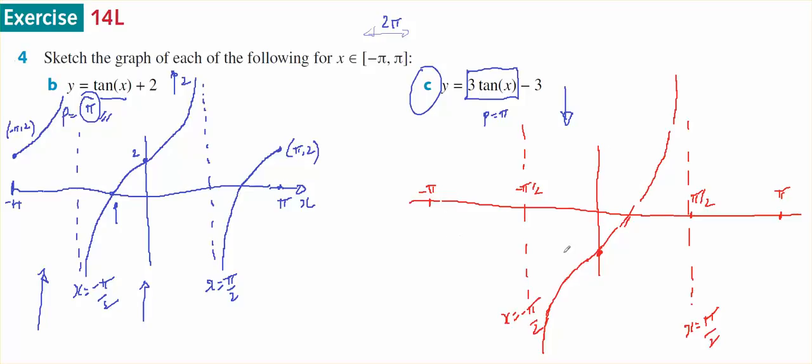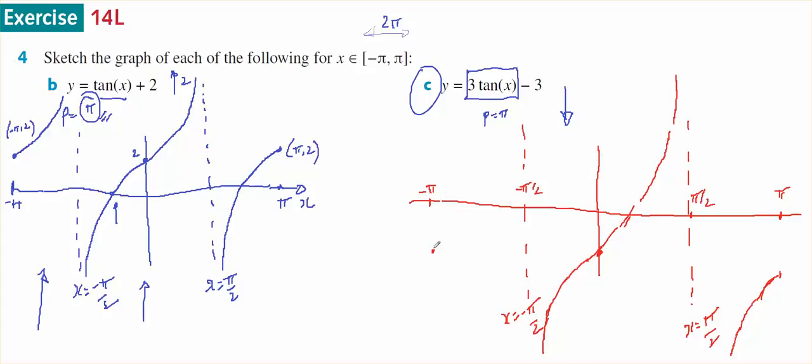And it's going to start here at negative 3. Oh no, it's going to finish there at negative 3, so it's going to have this half. So that's correct. And here I'm going to have this bit here.